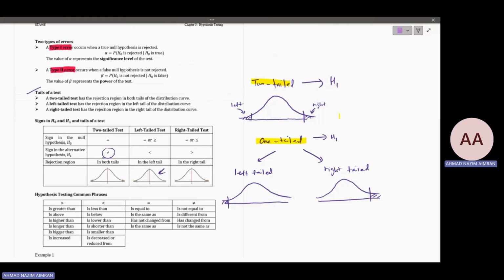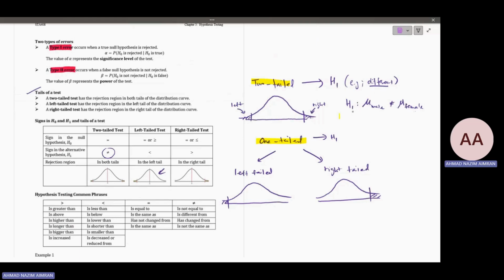When the question uses the term different, it means that in the alternative hypothesis we will have this kind of hypothesis, for example, the mean of male is not equal to the mean of female.